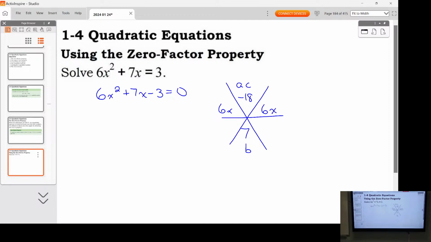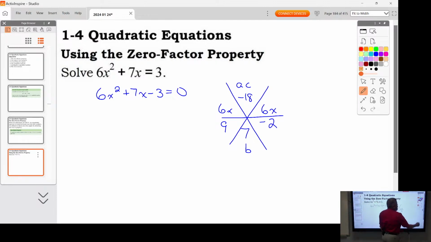What goes in the bottom left and bottom right? 9 and negative 2. Because 9 times negative 2 is negative 18. 9 plus negative 2 is 7. Next step. Okay, simplify, reduce if possible.